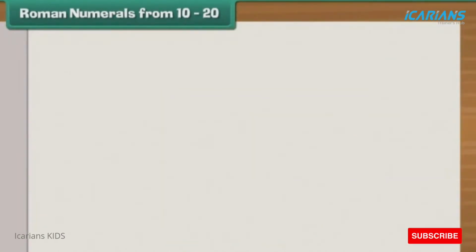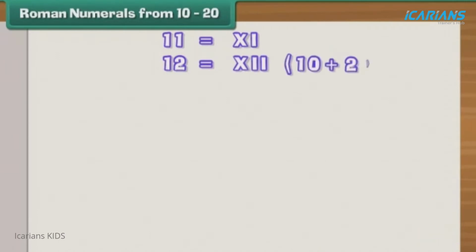Roman numerals from 10 to 20. 11 is 10 plus 1. So number 11 is written as XI, meaning 10 plus 1. Number 12 is written as XII, meaning 10 plus 2.